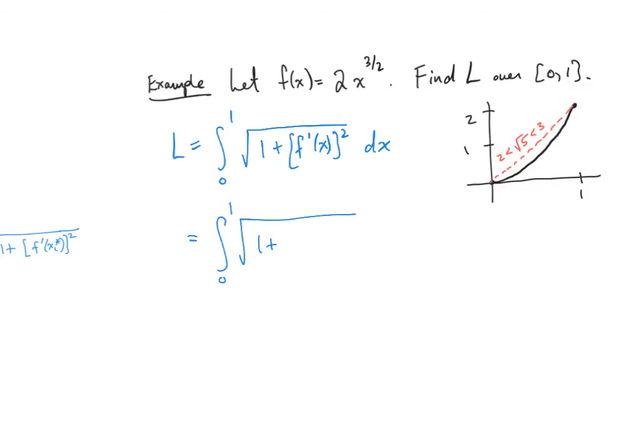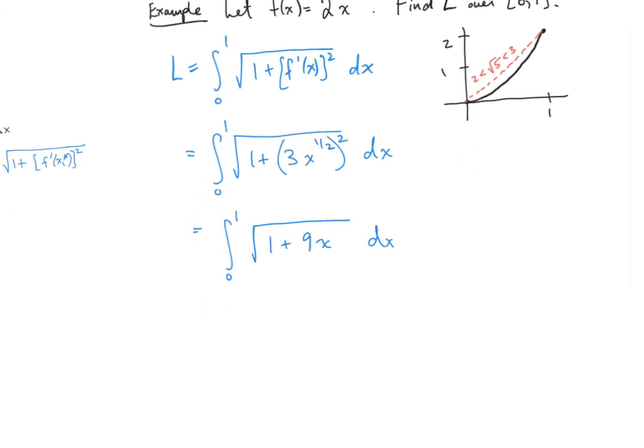Well, easy. That's just 3x to the 1/2. And we're just going to square that. Don't forget to square it. So that's just the square root of 1 plus 9x. We can determine that pretty easily.